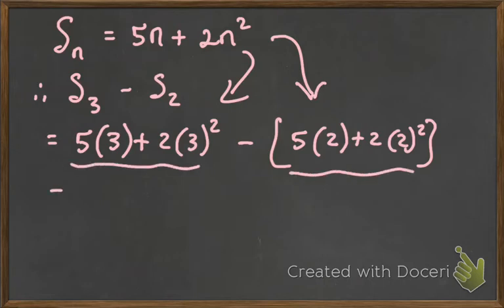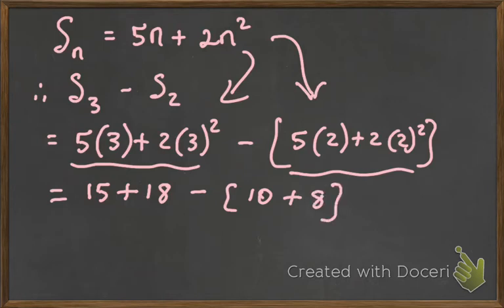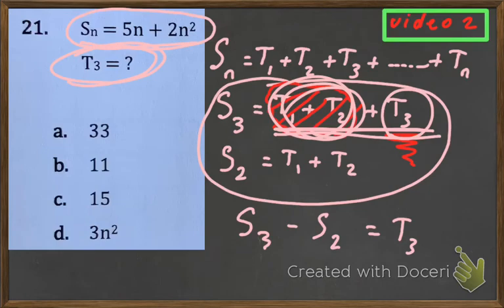That would be equal to 5 times 3 is 15, 15 plus 2 times 9, that's 18, minus 5 times 2 is 10, plus 2 times 4 is 8. That would give us 15 plus 18 is 33, minus 18, which is 15, and this is the third term. If we go back, we see the answer sits right here.